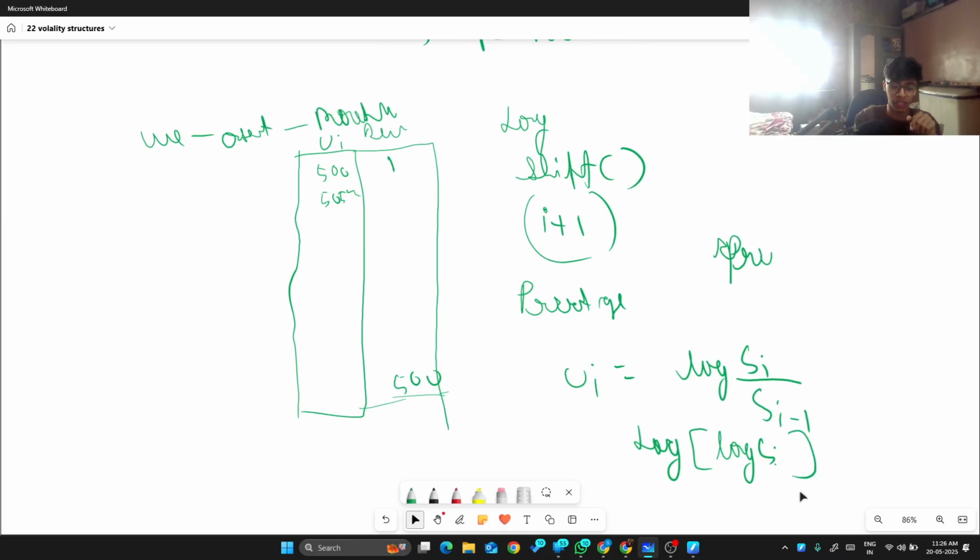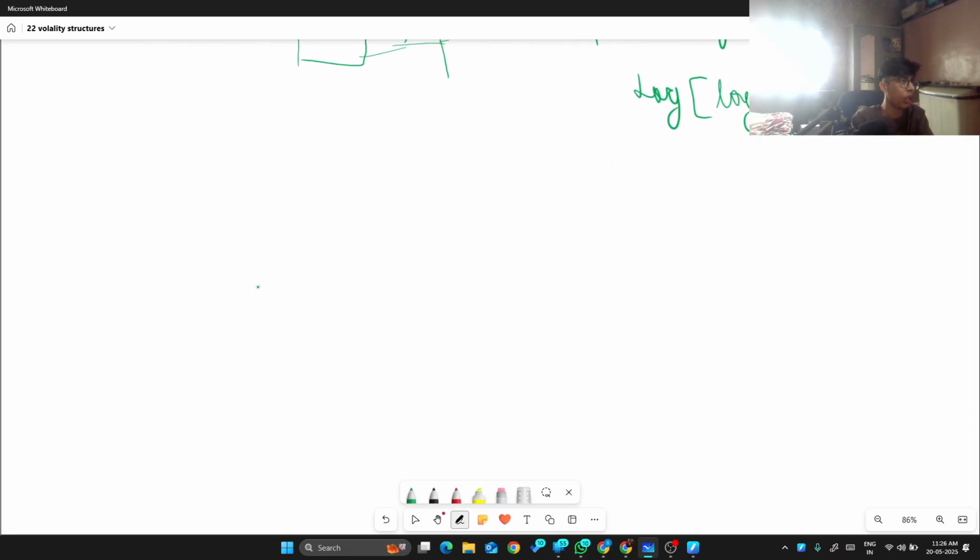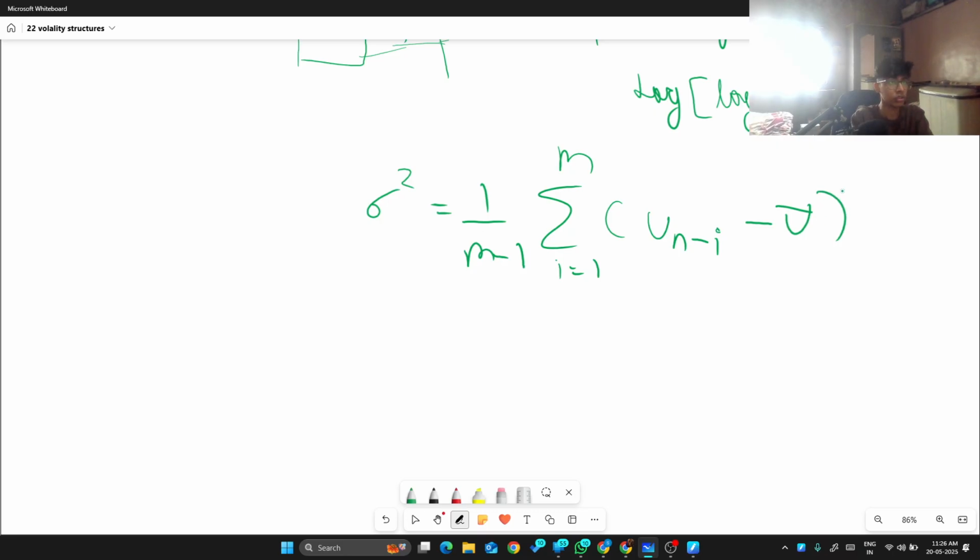So if we have to find the volatility by the lag operator, the formula is 1 upon m minus 1, summation from i equal to 1 to m of u_(n minus i) minus the mean of u_i. If u_i is the lag, right?